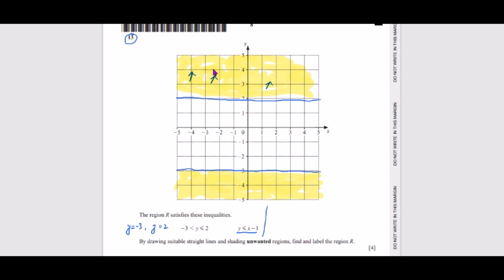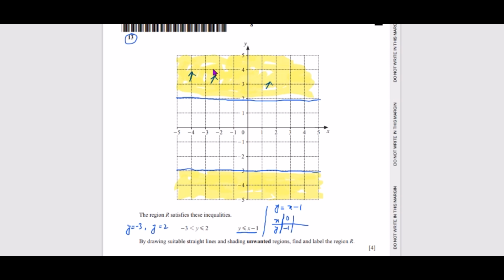First of all, we make the equation y is equal to x minus 1. So we draw a table of x and y. If we put x is equal to 0, y is equal to -1.